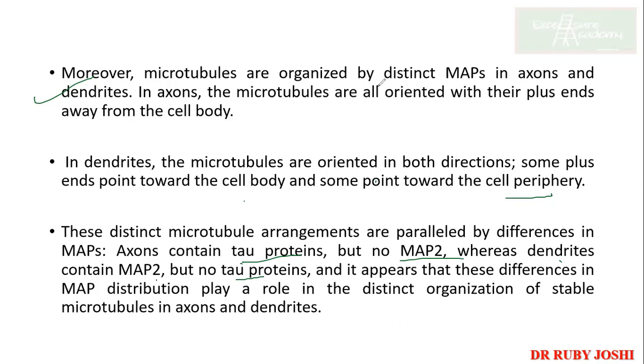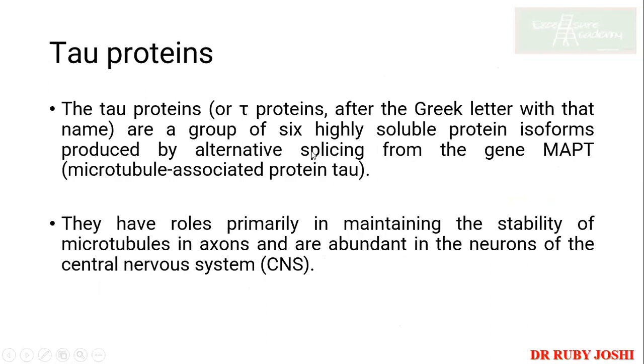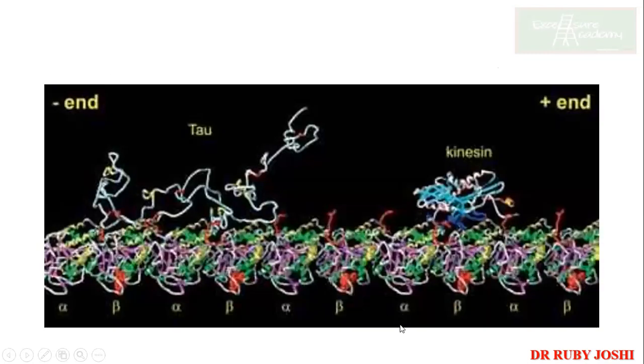Now we'll see about the tau proteins. As I said, what are tau proteins? It is part of your microtubule associated proteins. They play an important role in maintaining the stability of the microtubules in axons in the neurons of the CNS. Now this is how it is arranged. Can you see alpha beta, alpha beta, alpha beta? That is your tubulin, right?